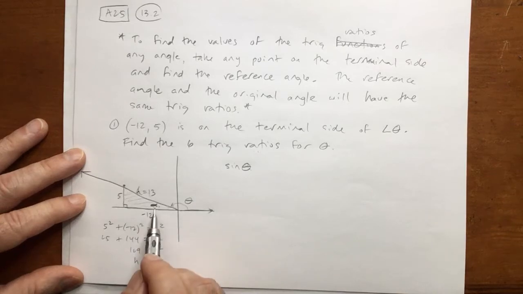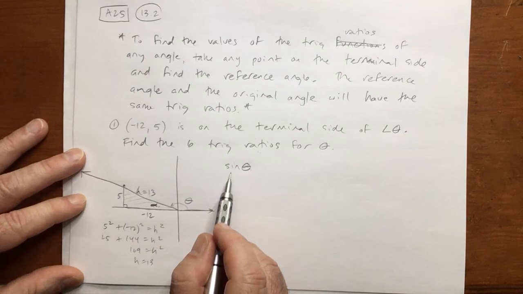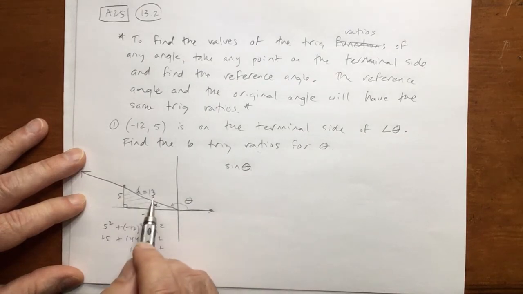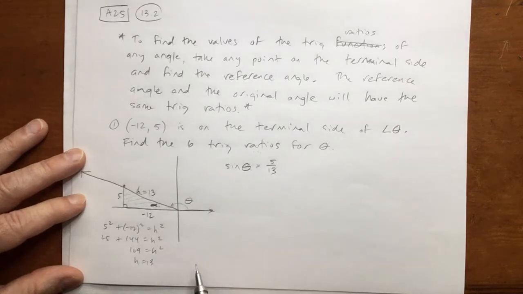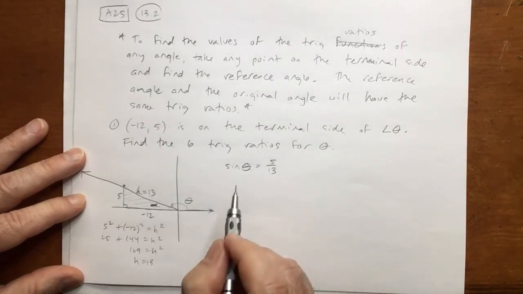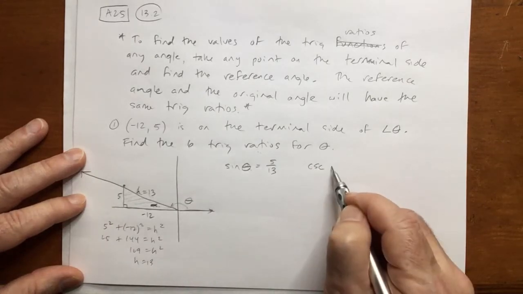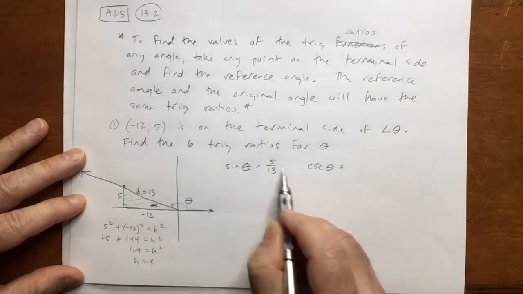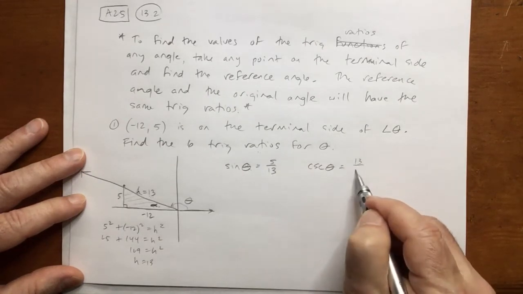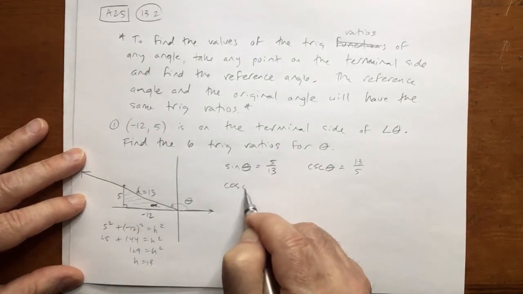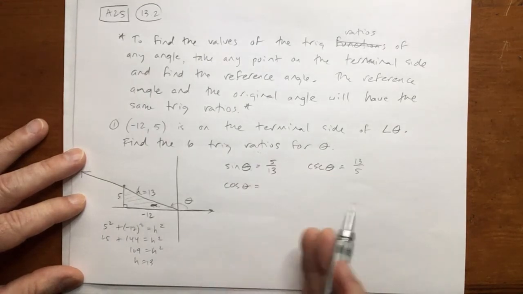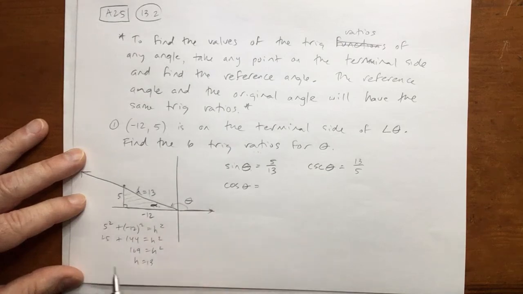The sine of the angle of interest, look at the reference triangle, sine with SOHCAHTOA, opposite over hypotenuse is 5 over 13. Well, immediately that must mean the cosecant of theta is the reciprocal, so 13 over 5. Okay, the cosine of theta with SOHCAHTOA, that's adjacent over hypotenuse. Now look, it's negative.